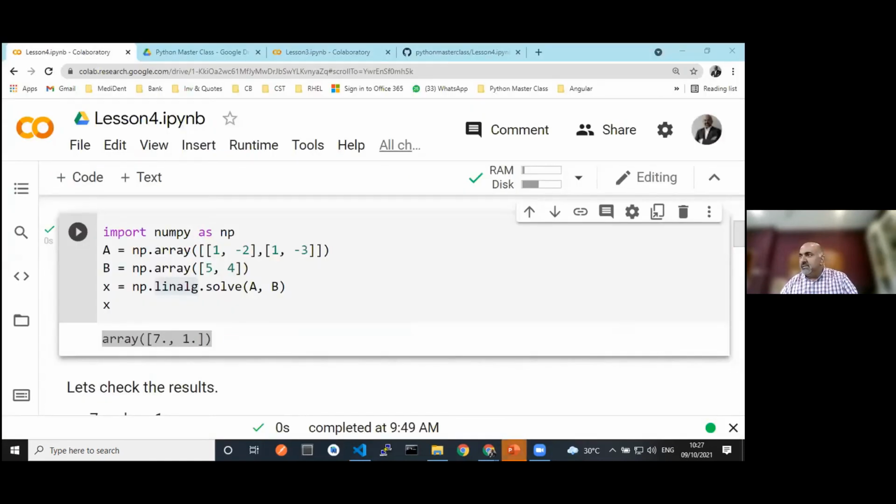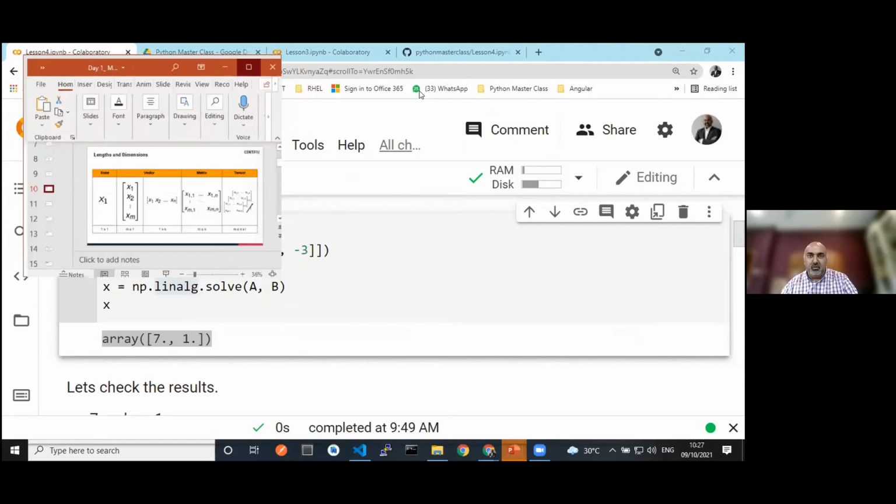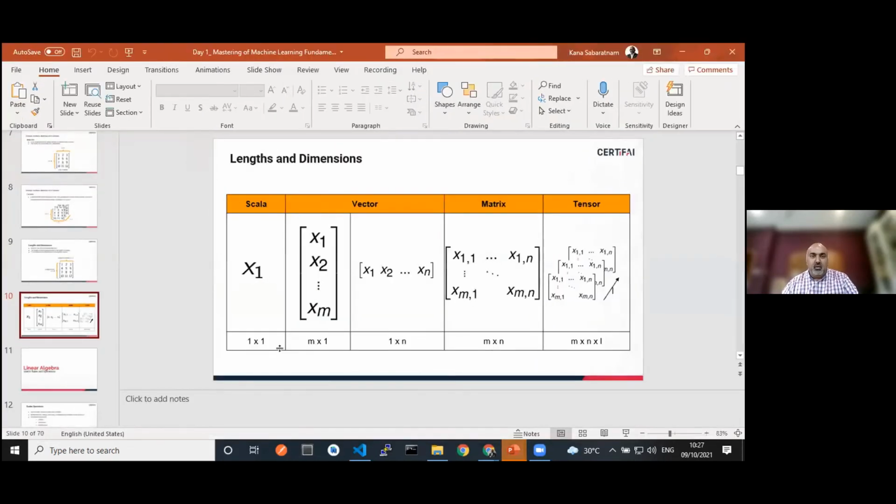This is important for you to understand machine learning, because in machine learning, everything is handled as a matrix. I'm not joking. So you must understand that this is a scalar. That means it's 1 by 1. That means it's only got one value. And this is called a vector. A vector can have a row and column. The row is the first value and the column is the second value.